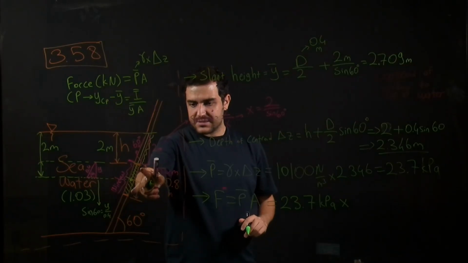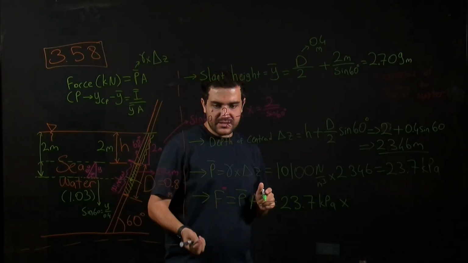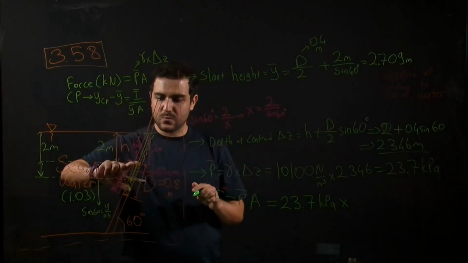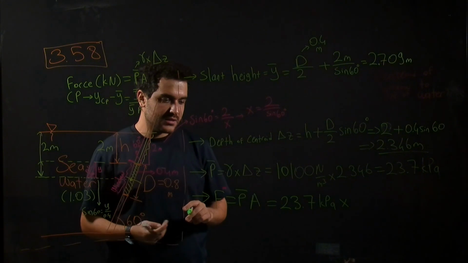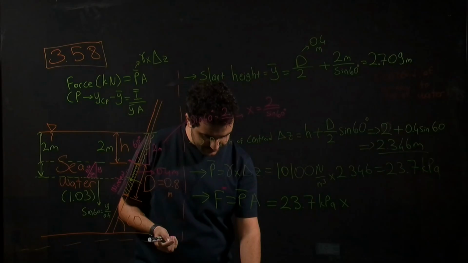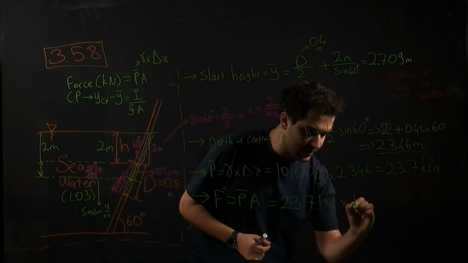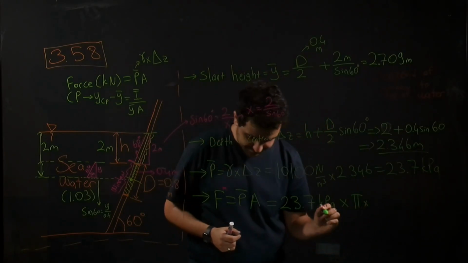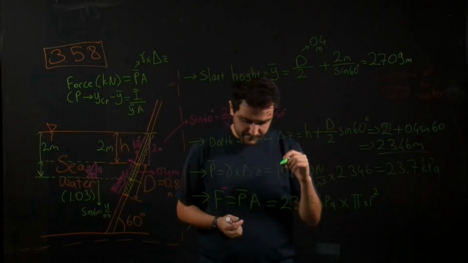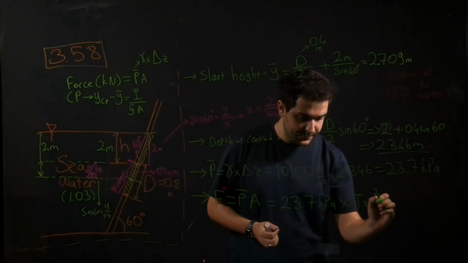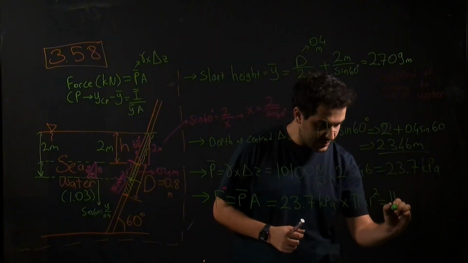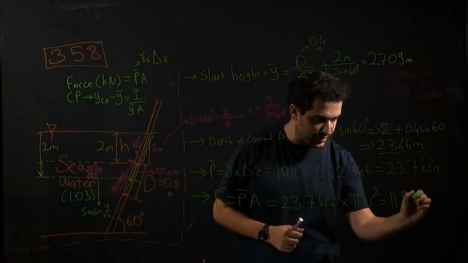So this is the gate, and we need to find its area. And also in the question, we said that we have a round window, so we need to use equations for circles. So area will be pi times r square. So we will get 11.9 kilonewton.